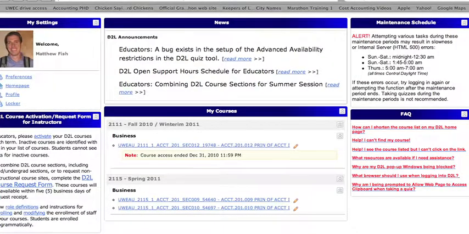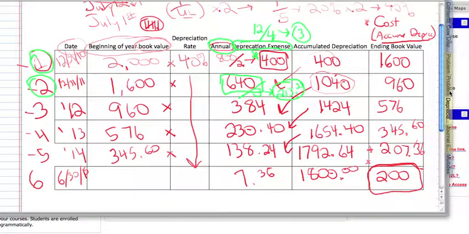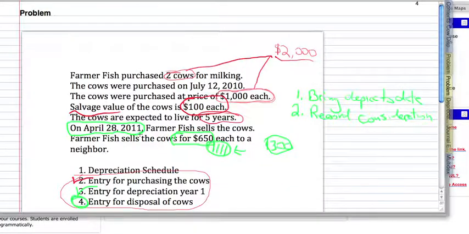Sorry about that. And what I've got here is I have just done step number 2. I've recorded the consideration received. And again, we're walking through the steps to record the disposal. Step 3 is going to be remove the asset. Let me show you how we do that.